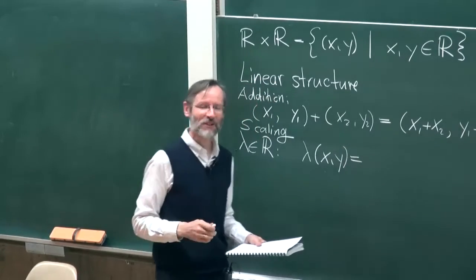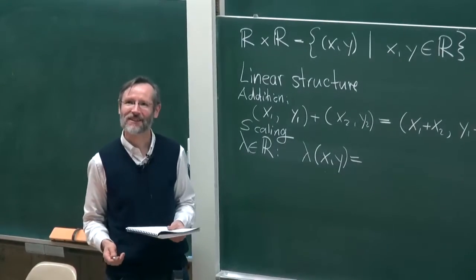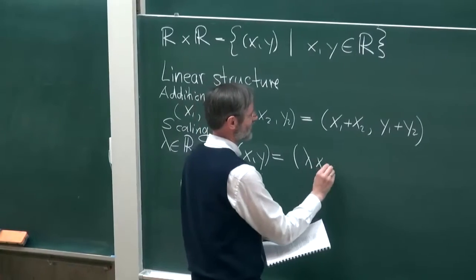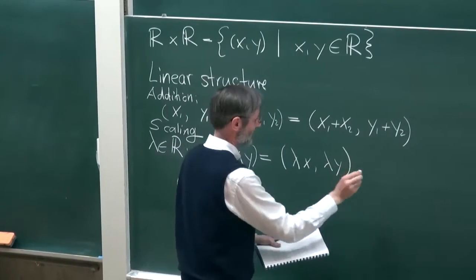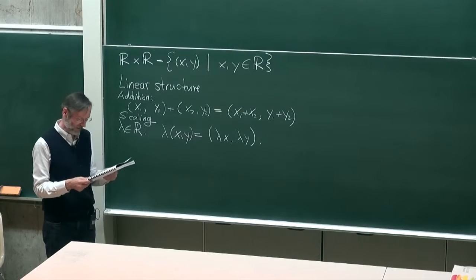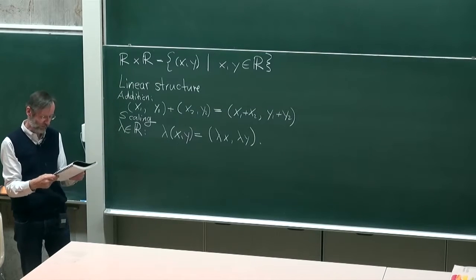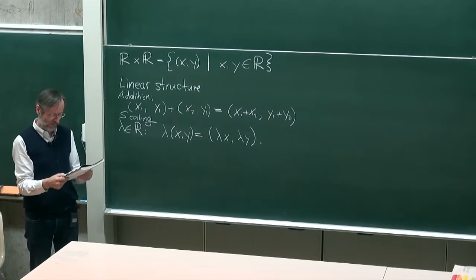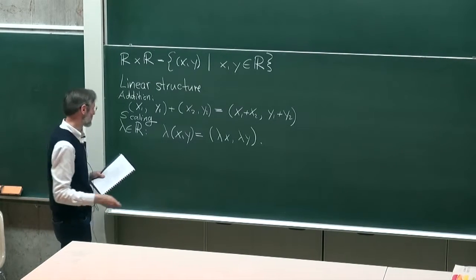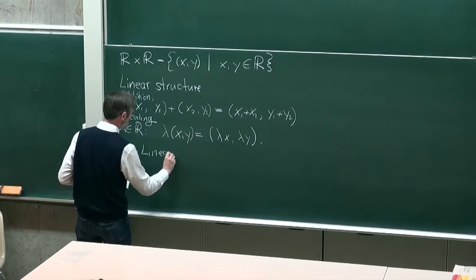In scaling, it means simply each component is multiplied, scaled up or scaled down by lambda. So that's a linear structure, and that makes this pair of real numbers into a linear space, and that's then called R2.